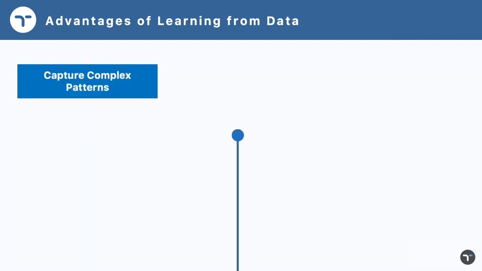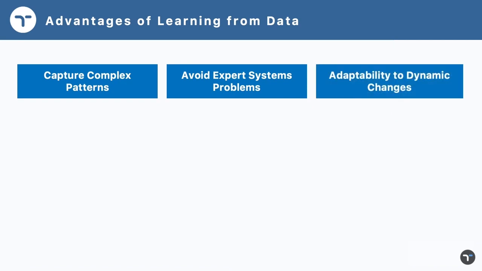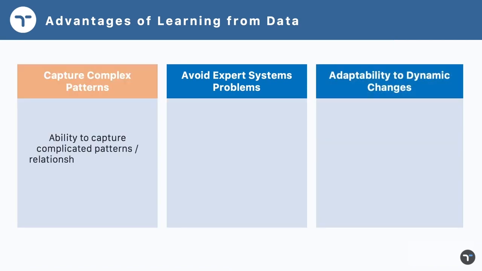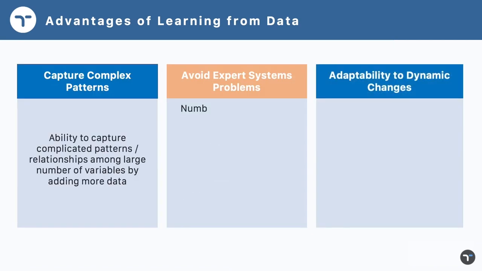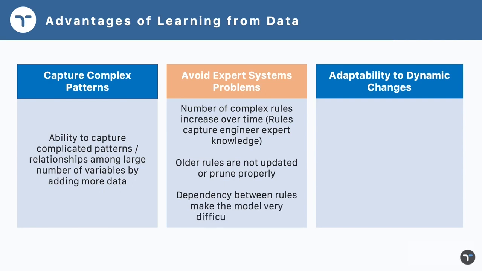For instance, when we have very complex patterns in our data, traditional approaches like rule-based systems, expert systems in general, can be used for that, but they rapidly become monsters of rules that are very difficult to manage. Rules get outdated.